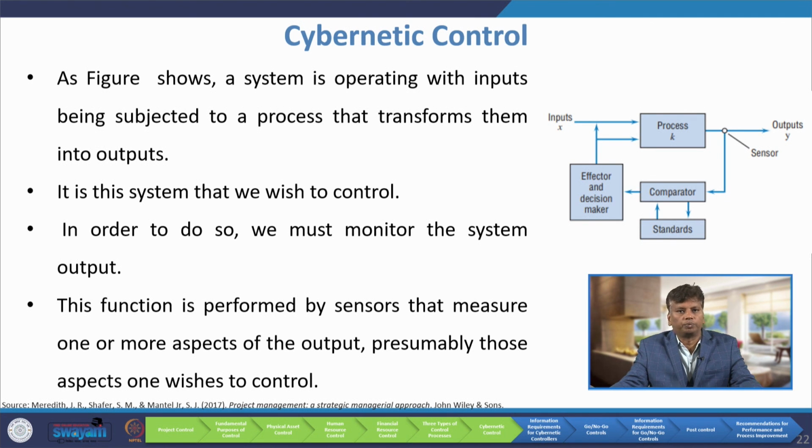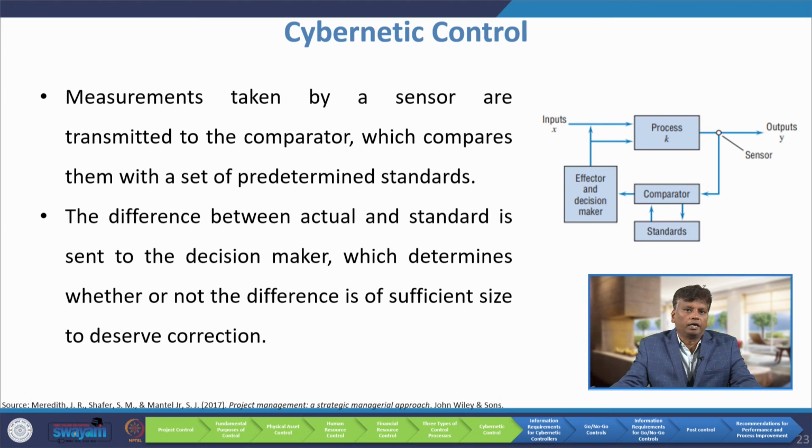This function is performed by sensors that measure one or more aspects of the output, presumably those aspects one wishes to control. The measurements taken by a sensor are transmitted to the comparator, which compares them with a set of predetermined standards.